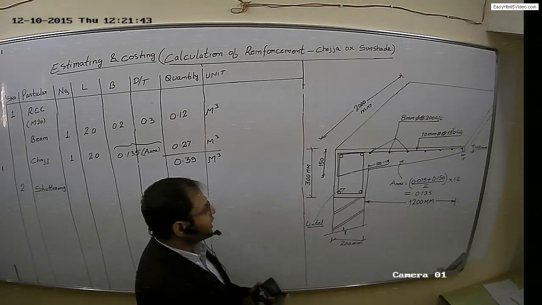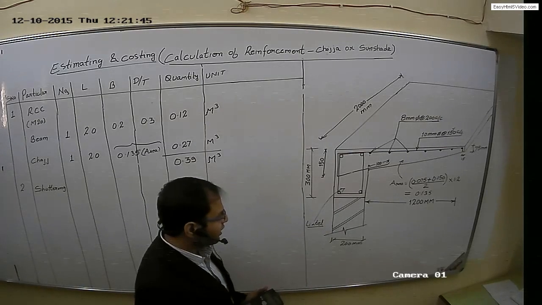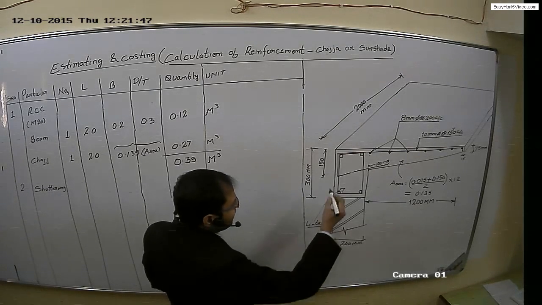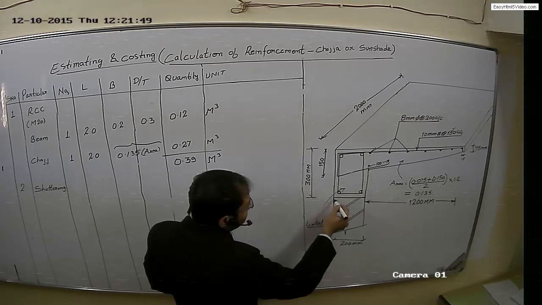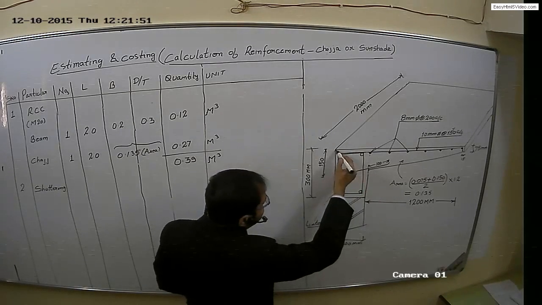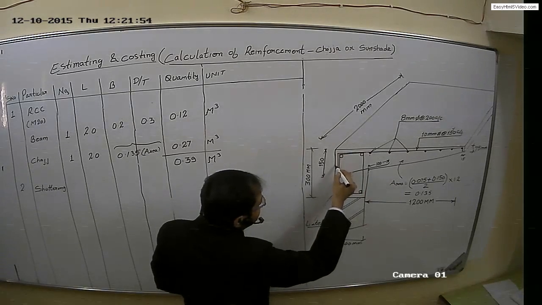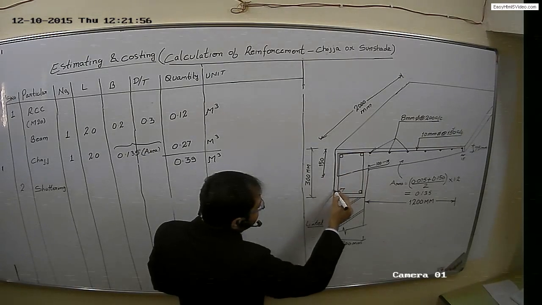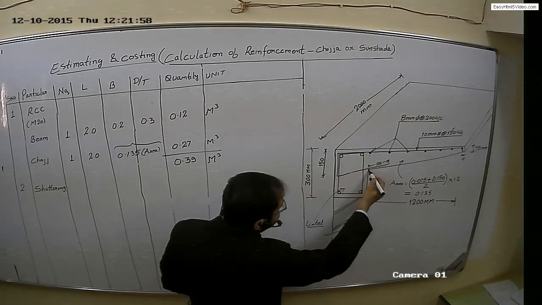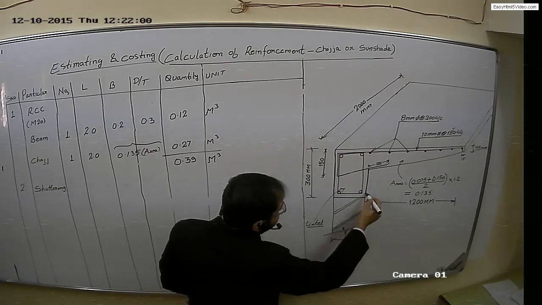So there will be two surface areas for providing shuttering. The first surface area will be the outer of this beam and the inside of this beam. Means this surface area will put shuttering, and this surface area will put shuttering.